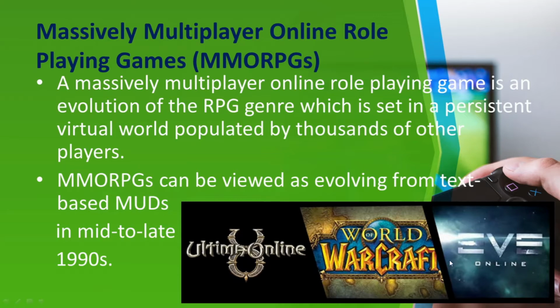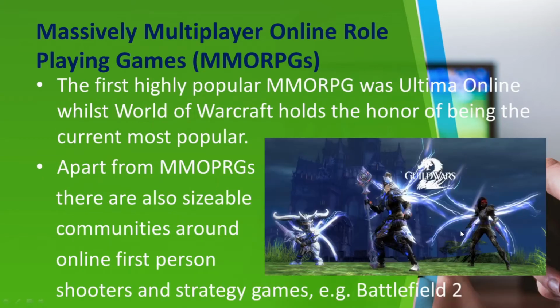Here are some examples of MMORPGs: Ultima Online, World of Warcraft, EVE Online. The first highly popular MMORPG was Ultima Online, whilst World of Warcraft holds the honor of being the most popular. Apart from MMORPGs, there are also sizable communities around online first-person shooter and strategy games, for example Battlefield 2.